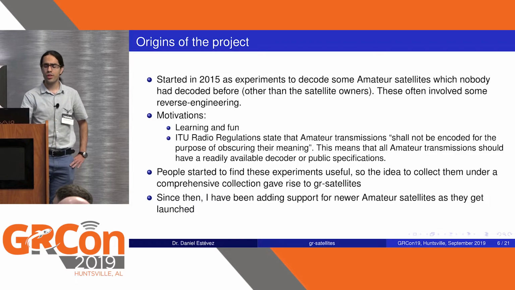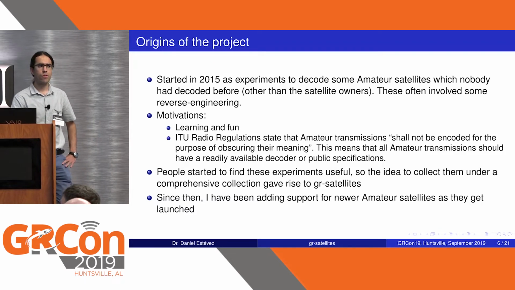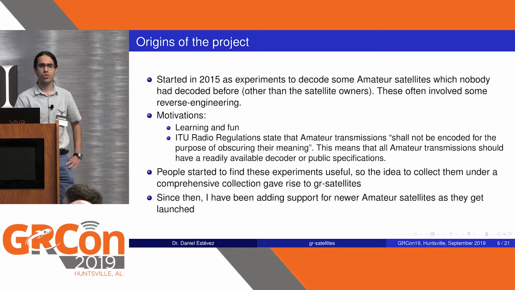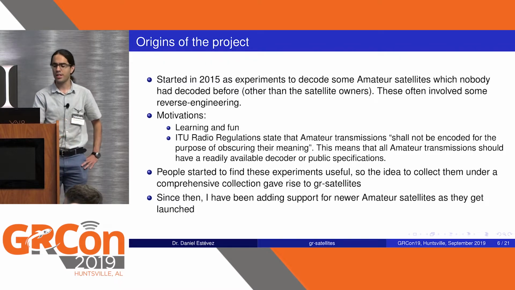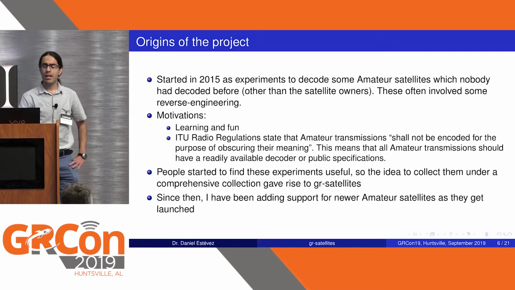This started in 2015 as a series of experiments where I tried to decode satellites that no one had been able to decode before, of course, other than the satellite operators. And I had to do at least some degree of reverse engineering to decode this.